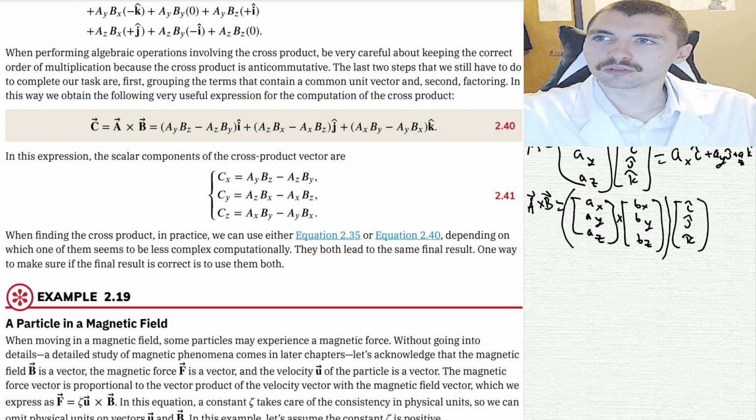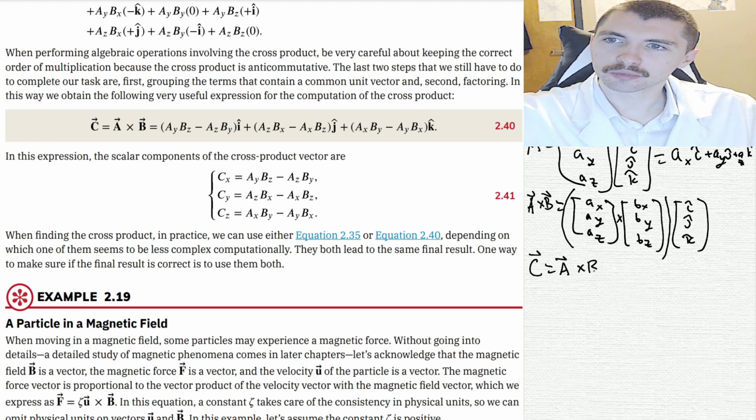All right, so the book is saying AY. So C equals A cross B, which is another way of saying CX i, CY j, plus CZ k.